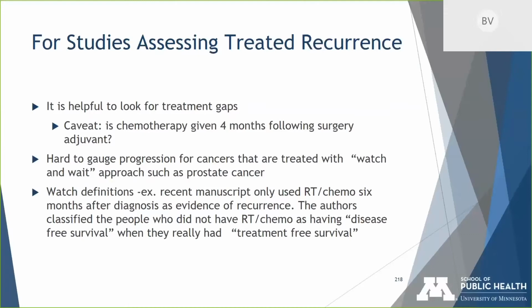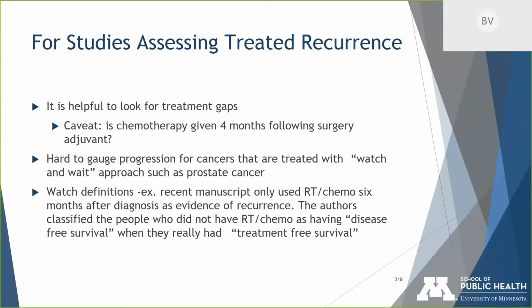If you're looking at treated recurrence, you may want to consider looking for gaps in treatment. So if chemotherapy is given 4 months after surgery, might it be adjuvant? Might it have been planned? You'll want to clinically assess what you feel defines recurrence versus what could be a planned treatment.